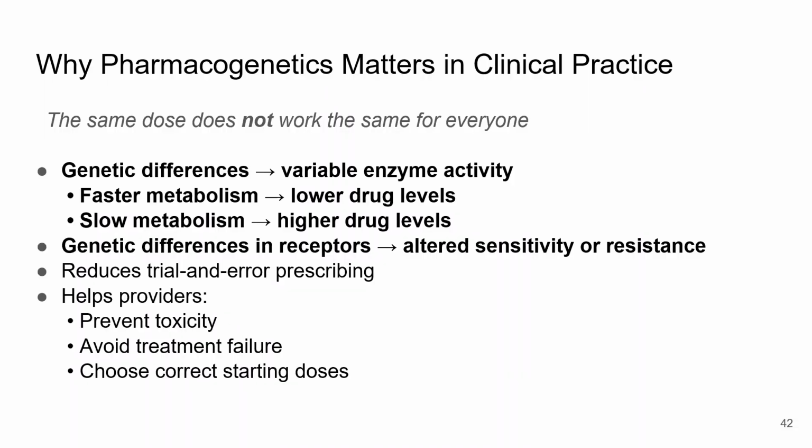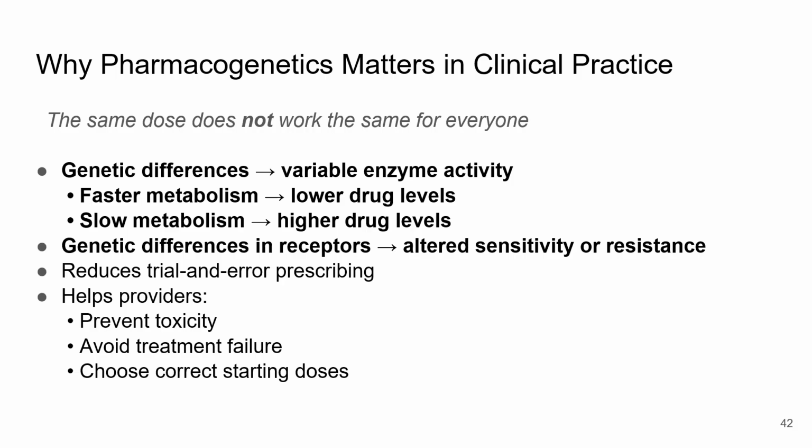We have genetic differences, and this affects how our bodies handle drugs, especially at the level of drug metabolizing enzymes. Some patients are fast metabolizers. They break down drugs very quickly, which can lead to lower drug levels and reduced effectiveness, even when they are taking the correct dose.